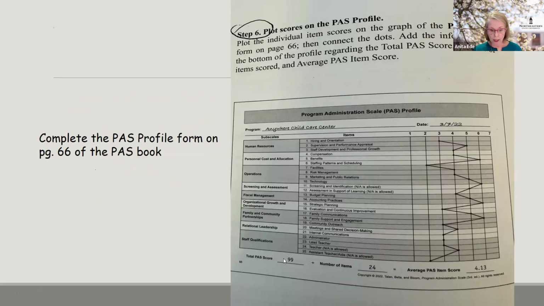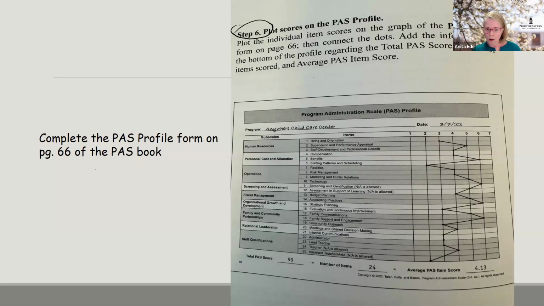You're going to total up all your PAS scores, the ones you circled, the 2 from page 1 and the 3 from page 2, and so on and so forth. You'll total all those up. These folks got 99 for their total. And notice they only had 24 items when there are really 25 pages.